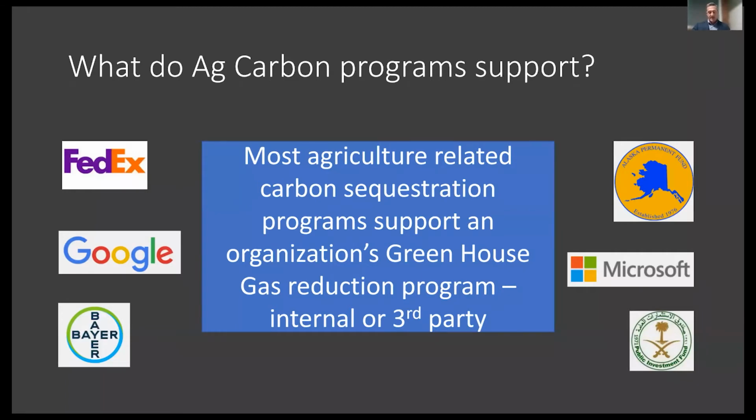The really amazing thing is 250 of the top 500 Fortune 500 companies have pledged some type of greenhouse gas reduction program, and they're trying to get to some reduced level over the next 10 to 20 years, and they're doing that voluntarily. So even if it's hard to understand what the exchange may be in support of that, these companies are actually pledging to reduce their greenhouse gas emissions.